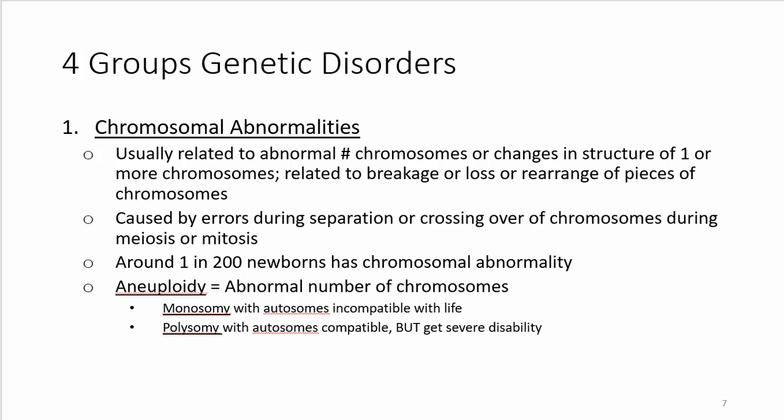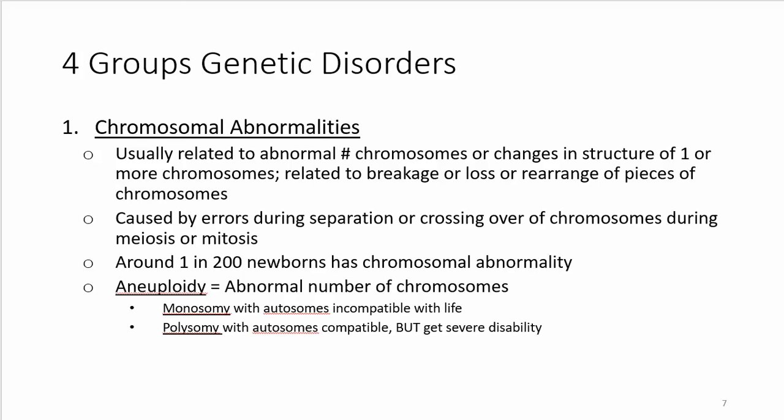The second is single gene disorders, where the disorder is caused by a single recessive gene. The third type are the sex-linked disorders. And the fourth type are the multifactorial, more polygenic disorders. I prefer the term multifactorial because it says what it means. It's many factors.